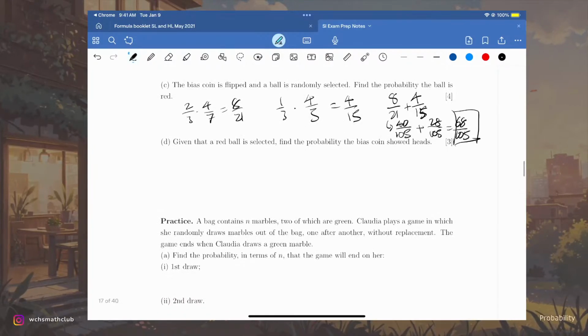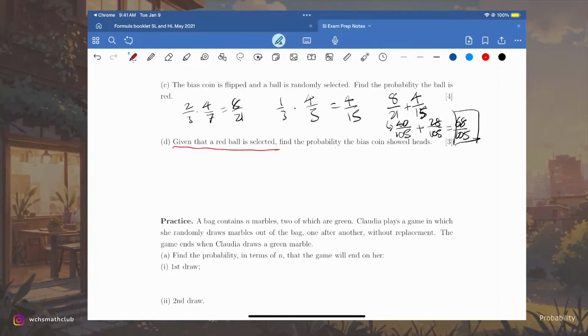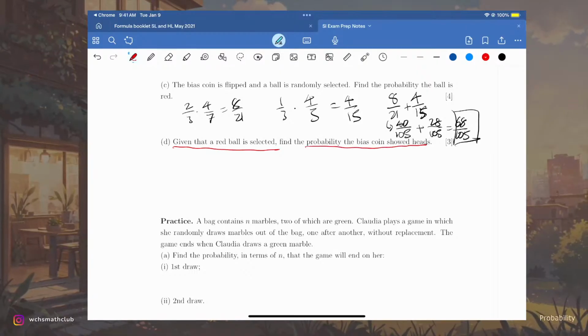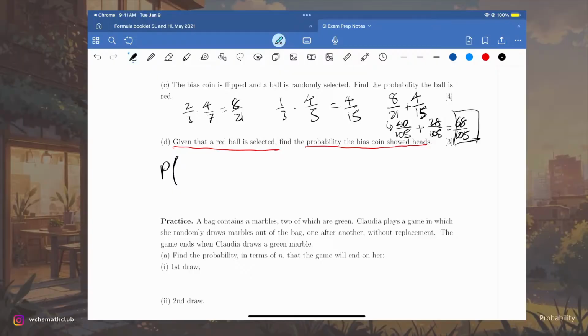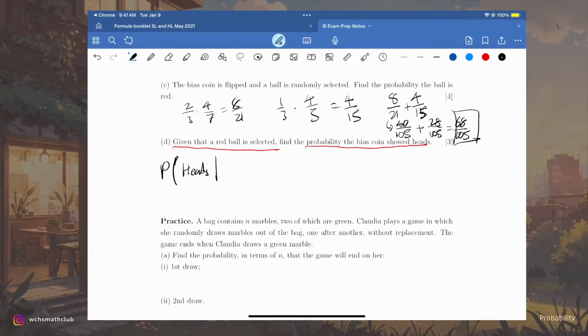And our final part, given that a red ball is selected, find the probability that the biased coin showed heads. This is what we need to find, the probability that the biased coin shows heads. So we can denote this as heads, given, that's what that line means, that red ball selected.